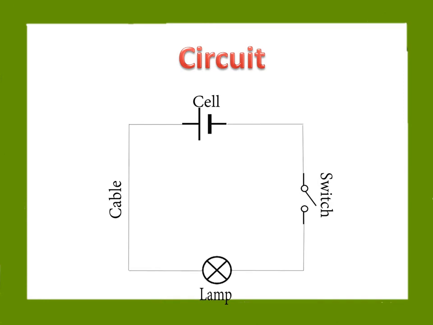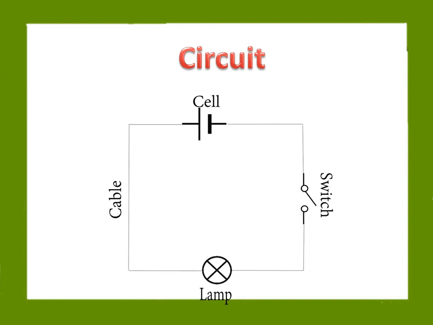Alright, so this is basically a circuit. You could actually draw out your circuits before creating them, putting them together in your actual visual demonstration. So for example, let's look at this. We have the big T and a small T at the top, that's the cell. Our cable is running all the way around to our round circle with an X through it, our lamp, going all the way around to our switch.